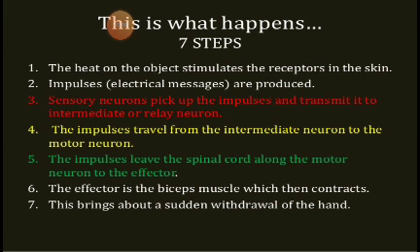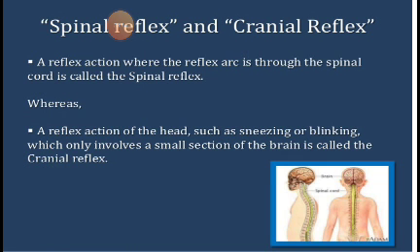The effector is the bicep muscle which then contracts, and this brings about a sudden withdrawal of the hand. A reflex action where the reflex arc is through the spinal cord is known as a spinal reflex. Whereas a reflex action of the head, such as sneezing or blinking, which only involves a small section of the brain, is called a cranial reflex.